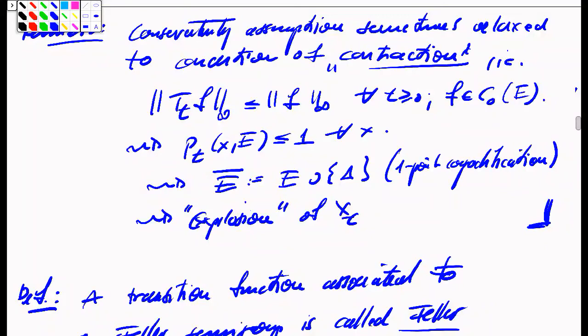As a remark, I would also like to point out that there is a version of this theorem under a weaker condition, which is the case when we do not ask for conservativity of the semigroup, but instead we ask for contraction. This means that the application of the operator T_t at any t gives a function whose supremum norm is no bigger than that of the initial function that we put into this operator.